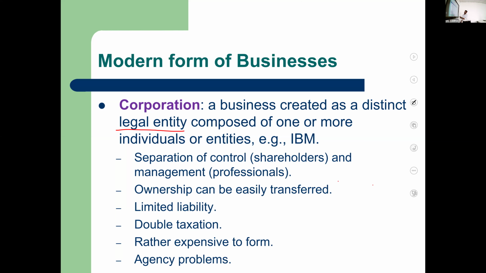And also, the agency problem is there. What is the agency problem? Managers act in their self-interest, right? But how should they act? In the shareholders' interest or else the public interest.